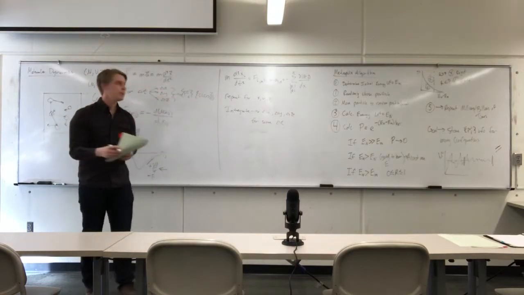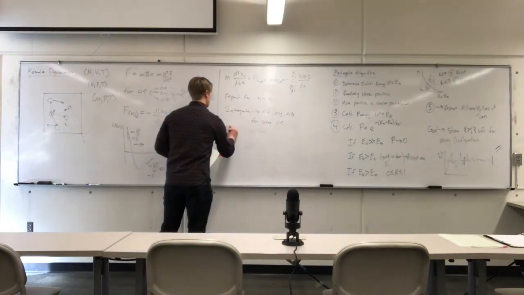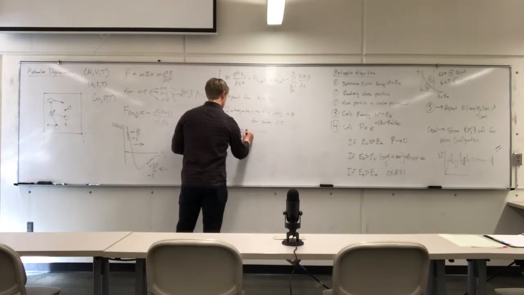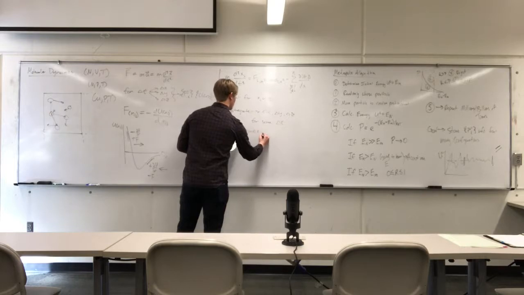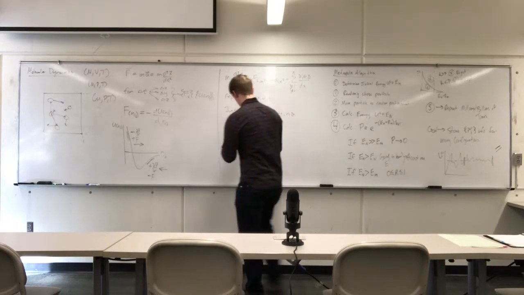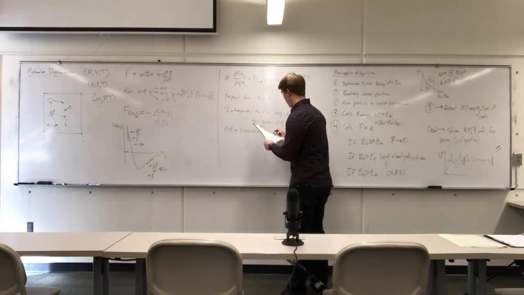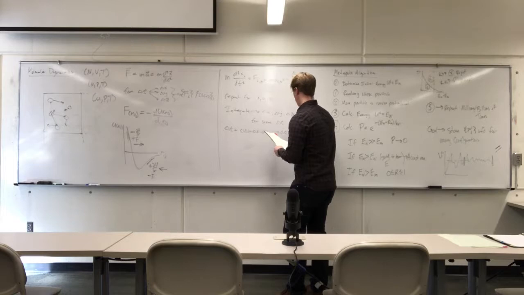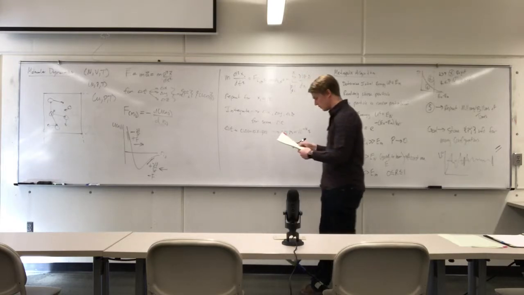And these time steps have to be quite small. So delta t in a typical simulation is going to be on the order of 0.01 to 0.1 picoseconds, and 0.01 picoseconds is equal to 10 to the minus 14 seconds.